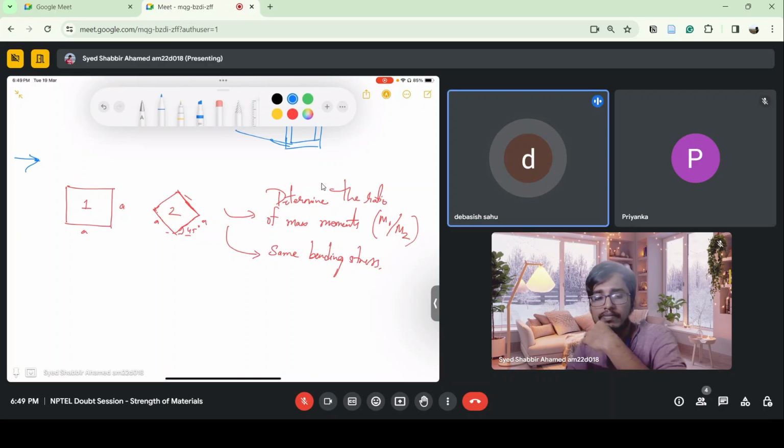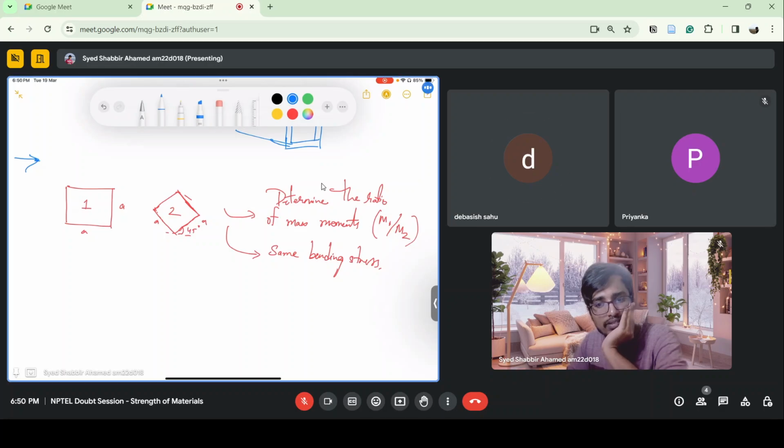Sir, the distance from the center to the surface edge varies, because in the first it is a by 2, but in case of the second it is root 2 by 2. Okay, a by root two, yeah, root two by two. That is fine. But how can we get the ratio of moments given the bending stress is the same for both the sections?